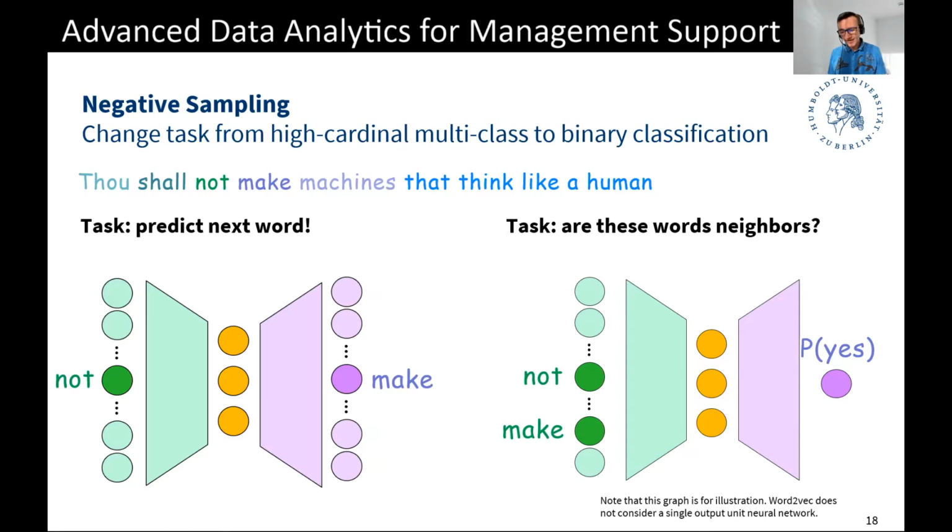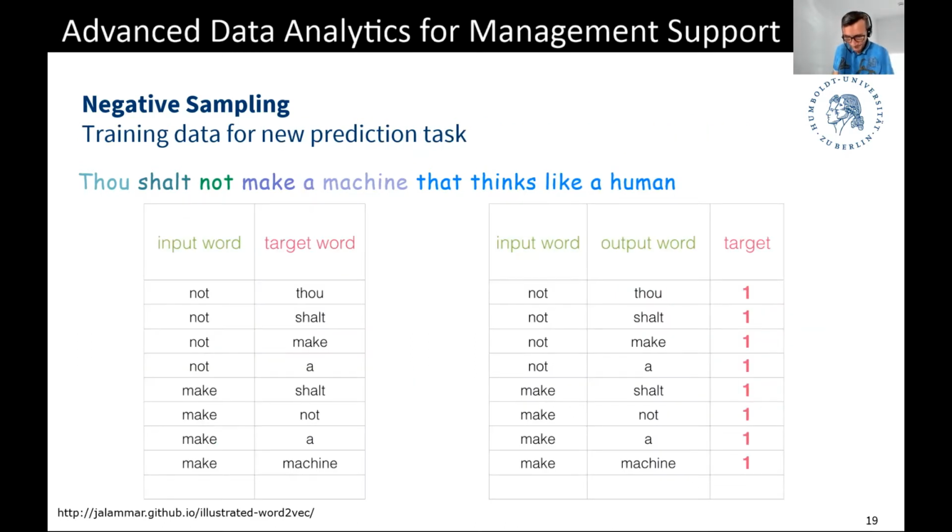Let's look at the training data and how that would look. Thou shalt not make a machine that thinks like a human. I took that from the Elema blog, so let's stick with that example. We just need some sentence, right? If there is another sentence you like better, no problem.